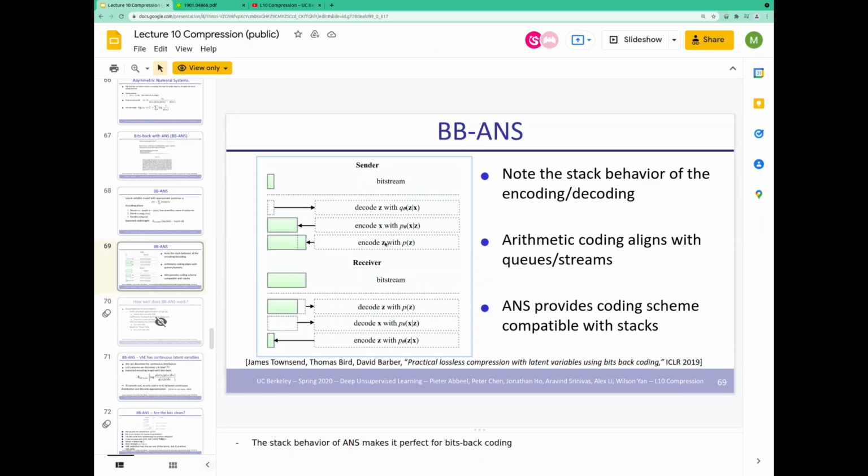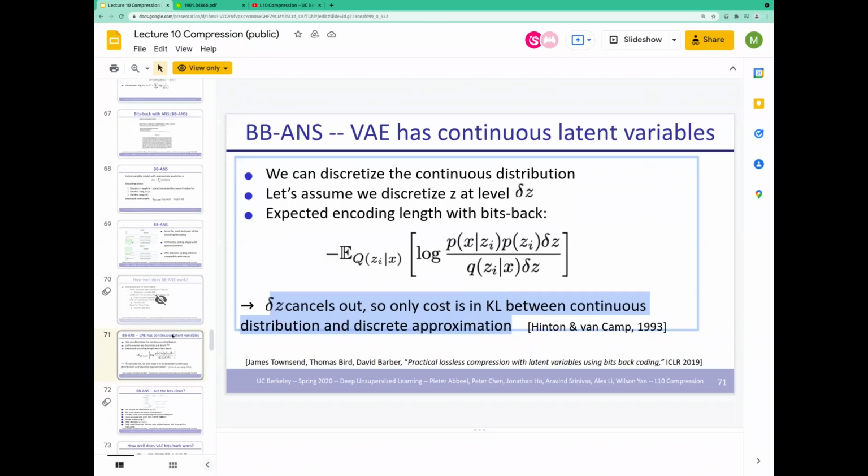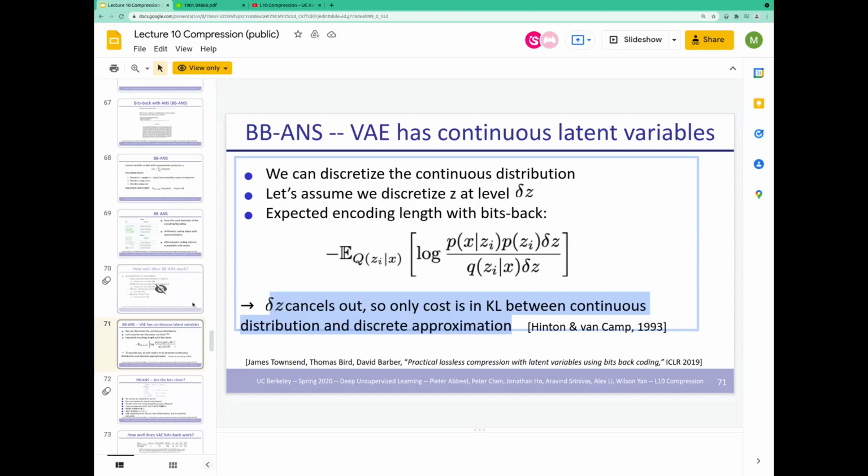X could be a symbol, but Z is something from the latent. And then they do say, well, yeah, we discretize at delta Z, and I was like, okay, but if you discretize it, how can you be sure? But they say the only thing is the KL divergence, so it just means you use more bits, but not that there's an error. I think that's the case. I wish they could have explained it a little bit more, but that part is fuzzy to me.